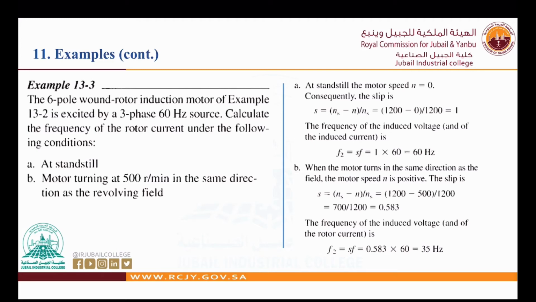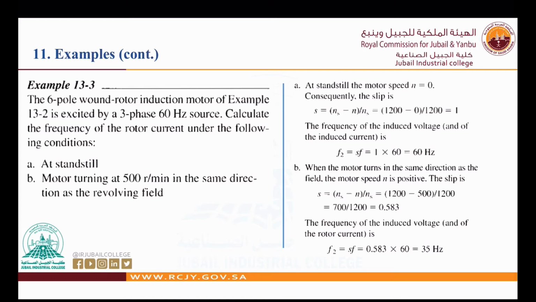Consequently the slip is S equal to N synchronous minus the speed of the rotor, divided by N synchronous, which is 1200 minus 0 divided by 1200, which is 1. As we explained before, when the slip is 1, that means we don't have rotor speed.